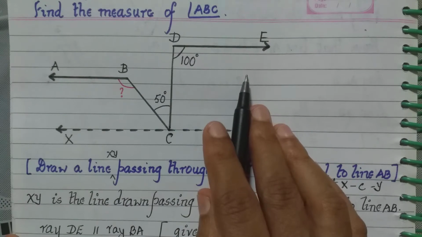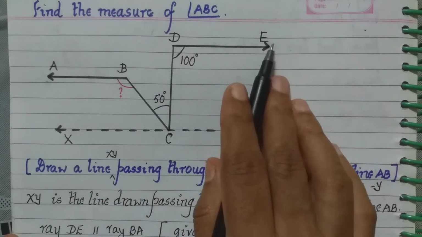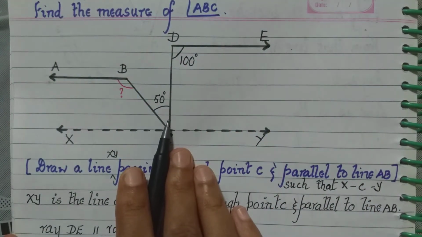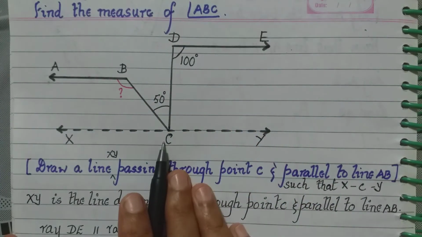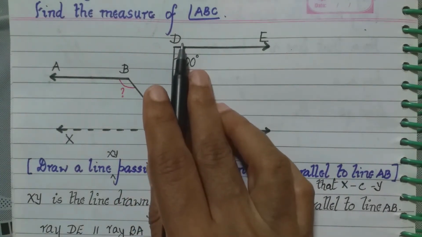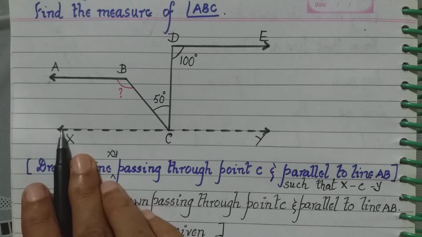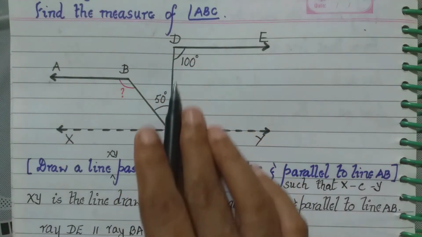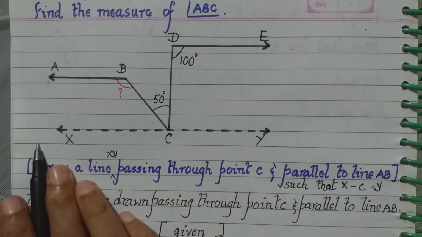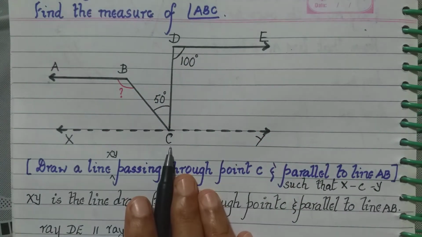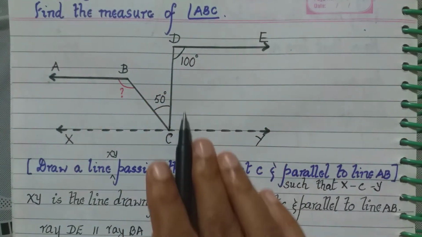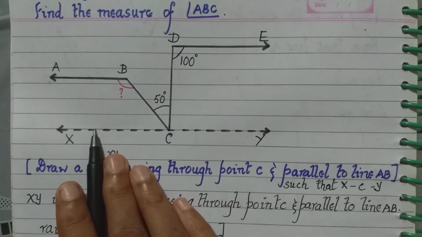Look at the alternate angles, how they are formed. That is, angle EDC will be one alternate angle. What will be the other alternate angle? Angle DCX. Okay, this one, full angle, angle DCX. So angle EDC is congruent to angle DCX. Why? Because they are alternate angles.